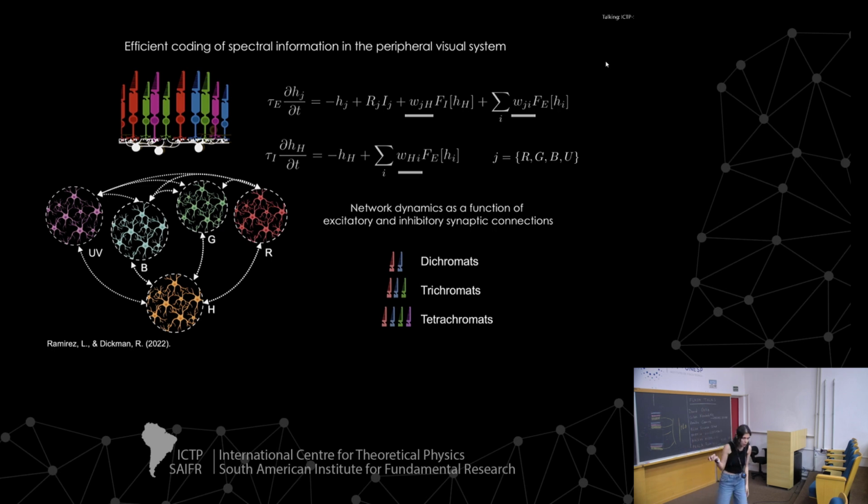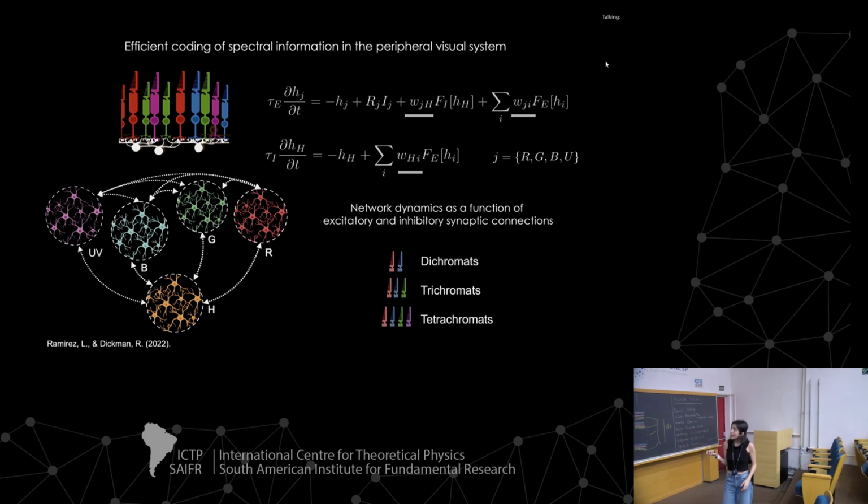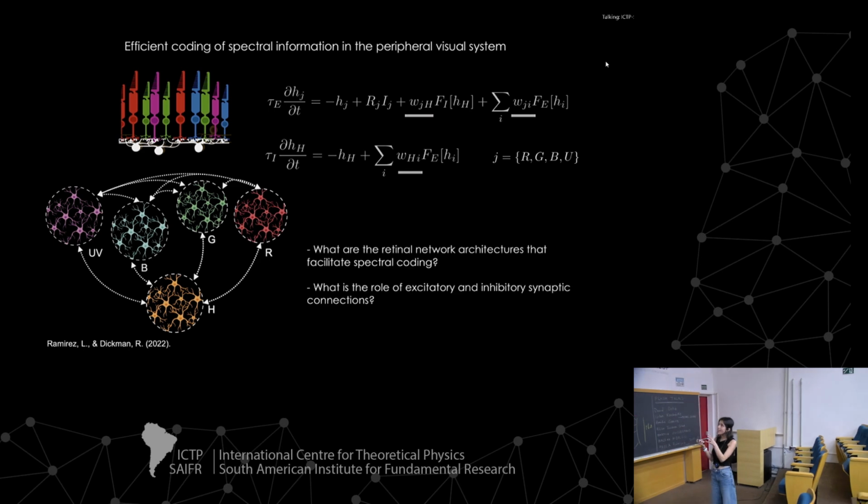And the first question that we had was about the specific structure of the network and the connectivity of this motif. Experiments show that the horizontal cells are important, right? But cones can also talk to each other.